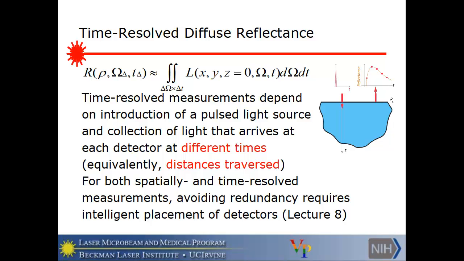And you'll want to also make sure that you don't have an abundance of redundancy in the detector placements in time or in space, because they'll be giving you roughly the same information. You want information that extracts a good spectrum of detail, and you need to place the detectors intelligently to do that. And I think there'll be some discussion of that in Thursday's lecture 8 about inverse problems, extracting optical properties from tissue.